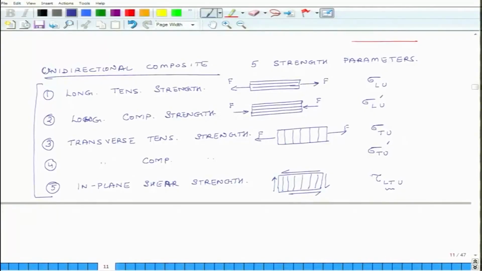So, that is the overall scope of the process. So, the next thing we will discuss today are some important parameters of unidirectional materials.